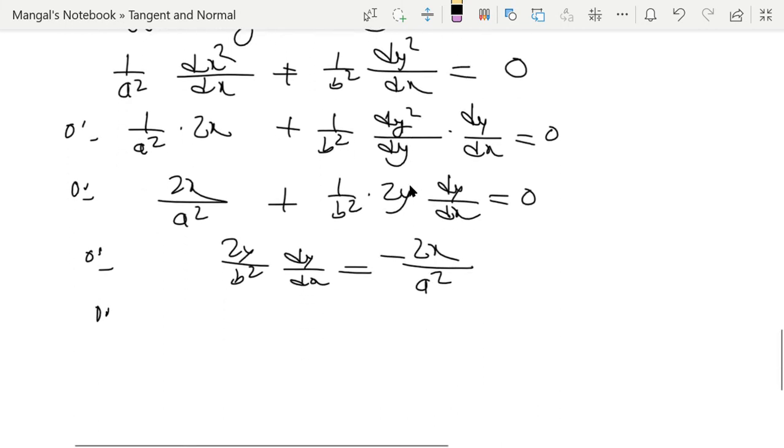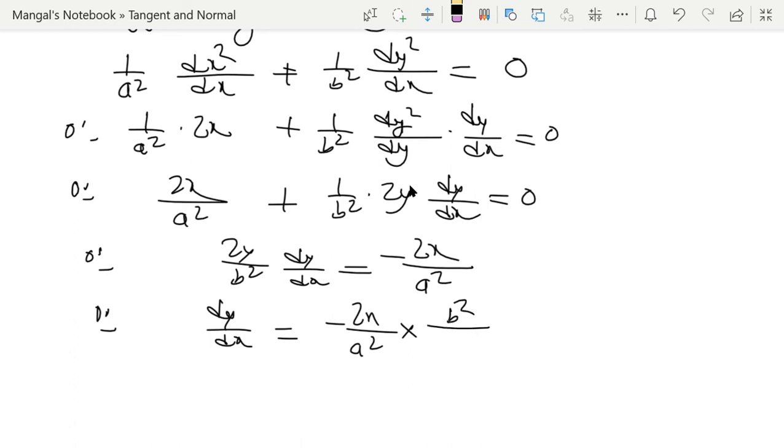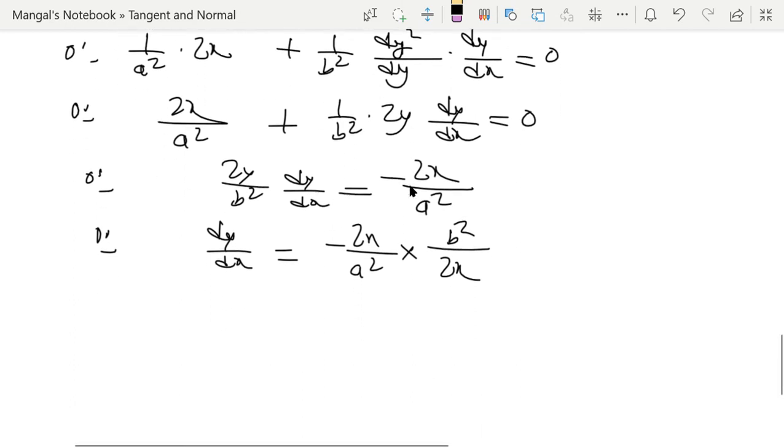Now we can find dy by dx. Minus 2x by a square is on the right side, and let's send 2y by b square to the right side, so b square will go for multiplying and 2y will come for dividing.